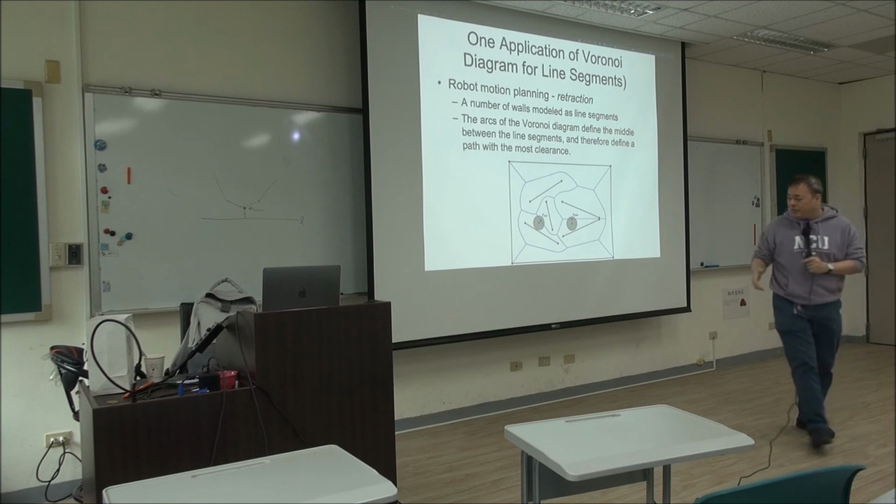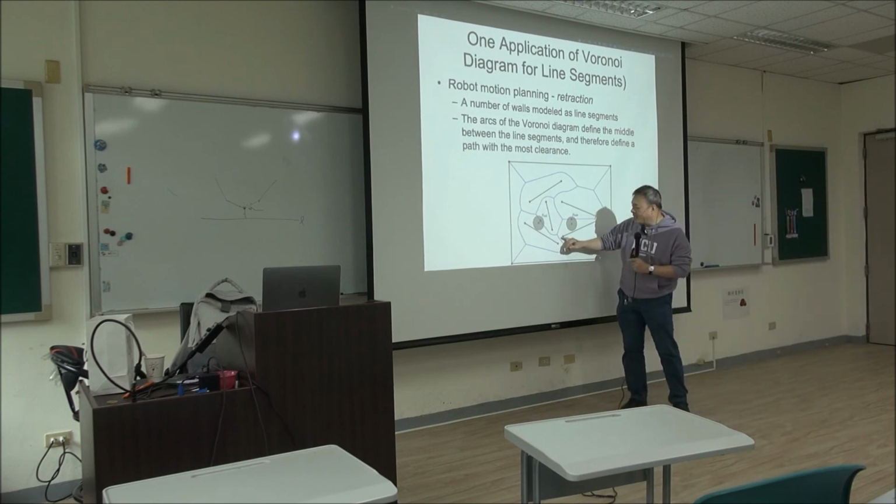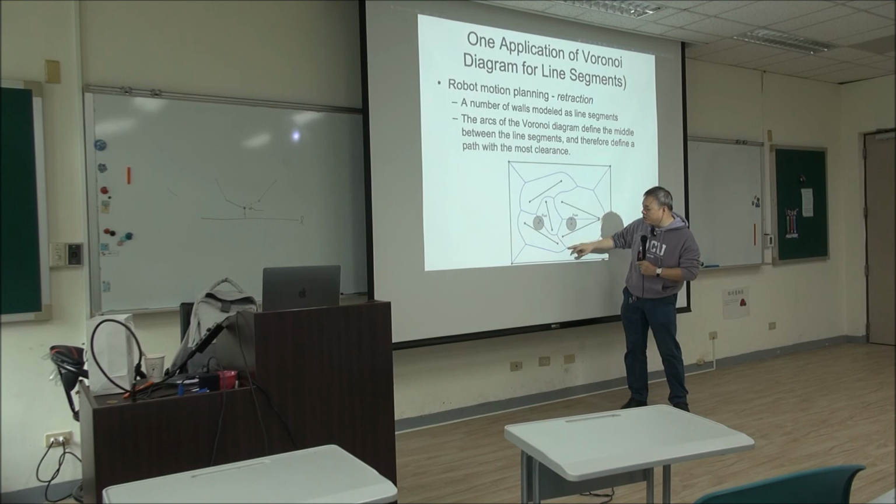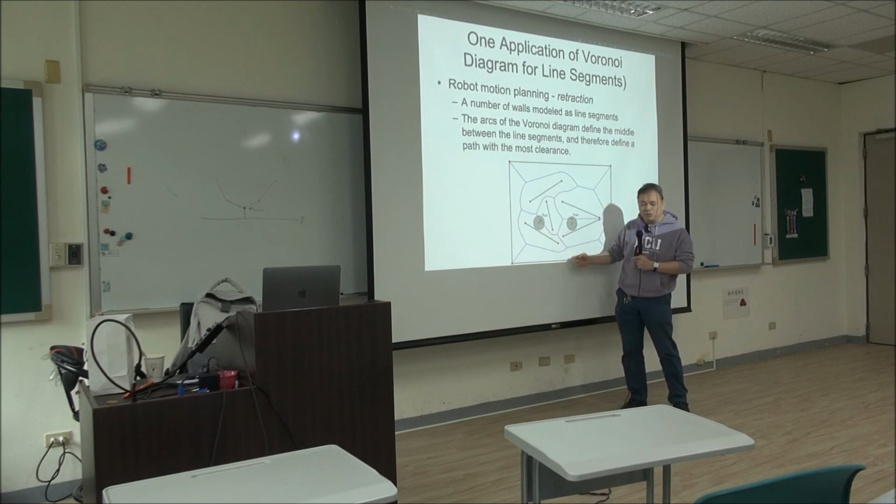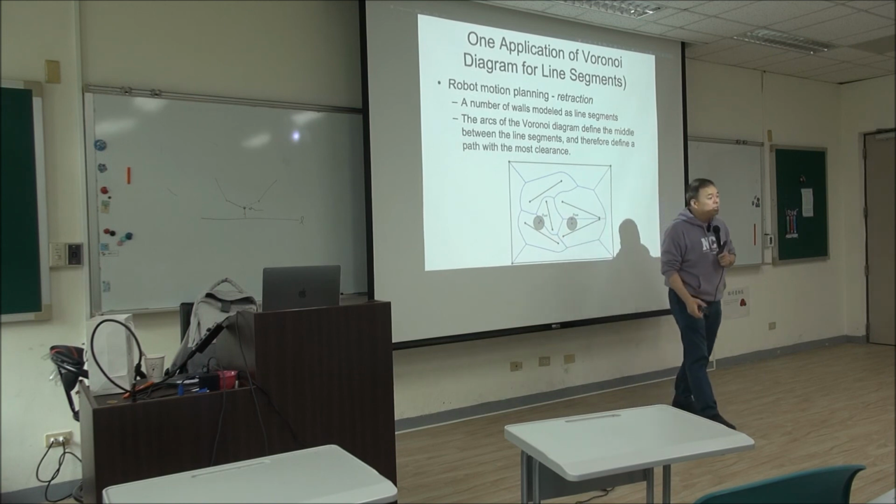For example, I get rid of this one, this one, and this one as well. So these three edges are actually not connected. Even though we have them in the Voronoi diagram, obviously this robot cannot go past those, right?